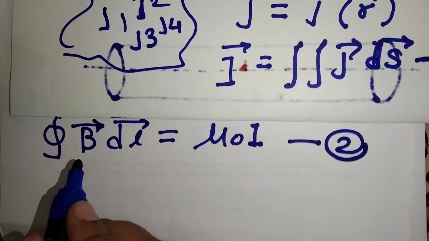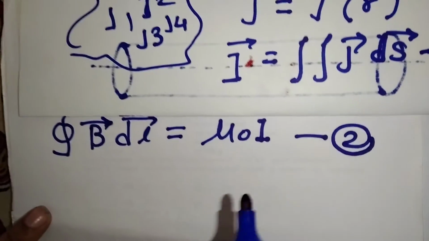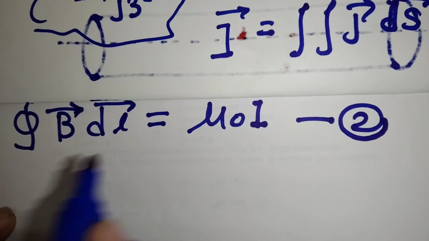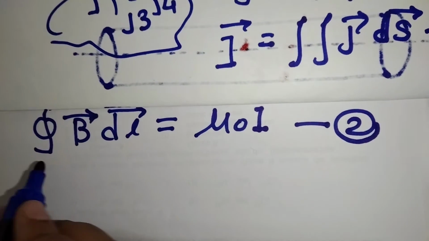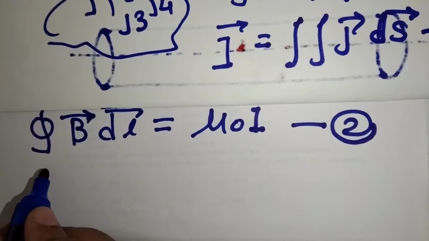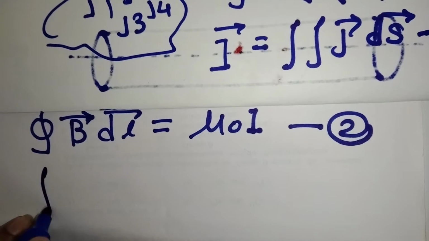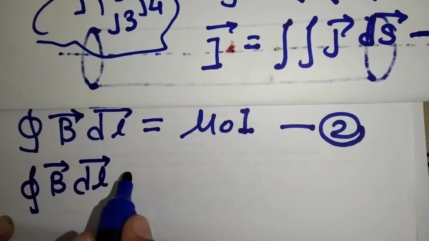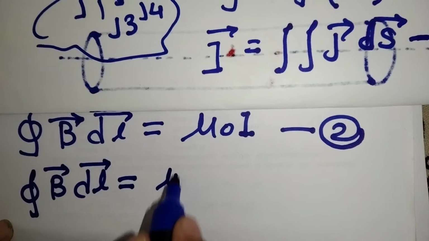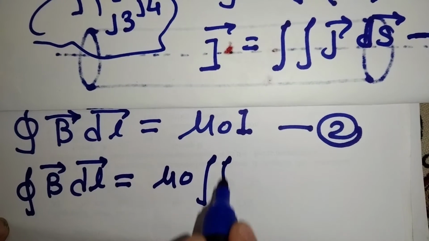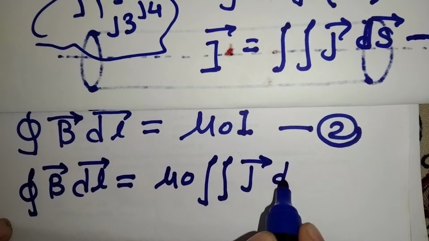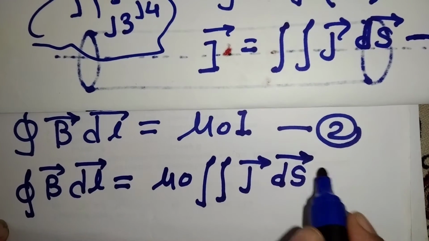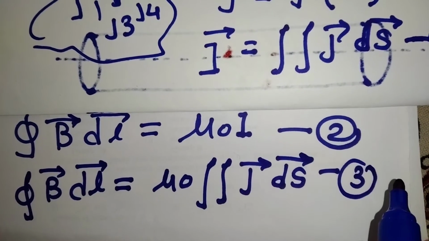From 1 and 2 we can write the integration over B bar dl bar is equal to mu naught times the double integration of J bar ds bar. This can be written as 3.